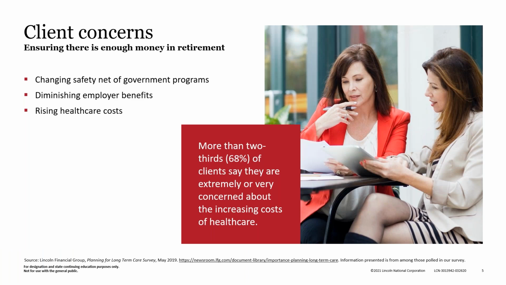Here we go. One of the biggest concerns of clients nearing retirement is just ensuring that they have enough money to cover expenses and that their income will last as long as they do. Part of their concern is attributable to a few things. One, the changing safety net of government programs, regardless of the side of the aisle that you tend to lean.